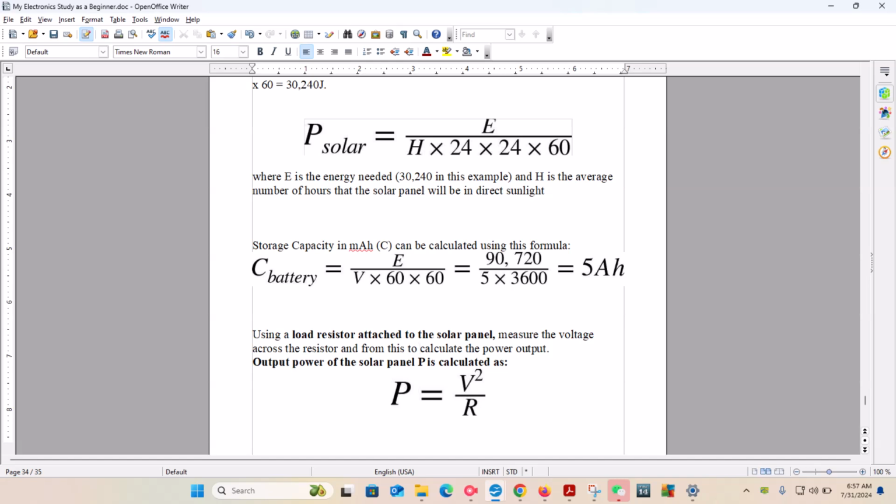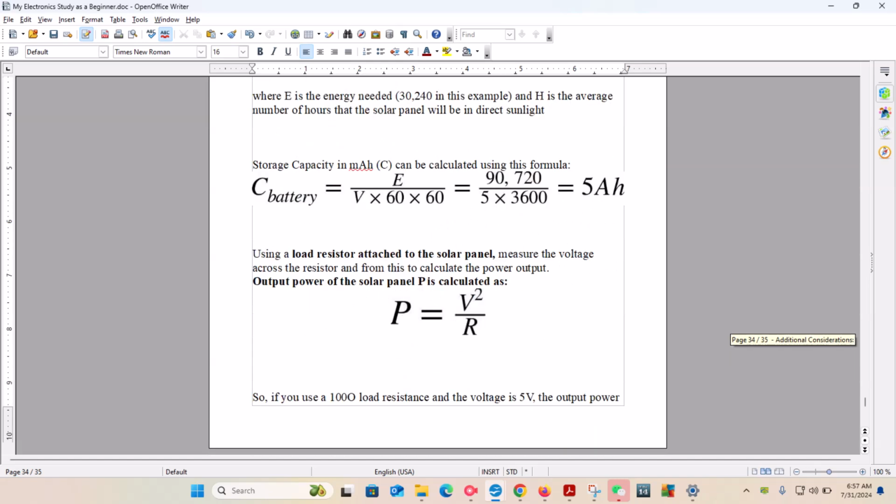And then the battery, which is the storage of energy, is going to be energy divided by voltage times the time, which is H, which is 60 times 60. And then of course we get 5 amp hours. Remember, this would be storage of energy over time.